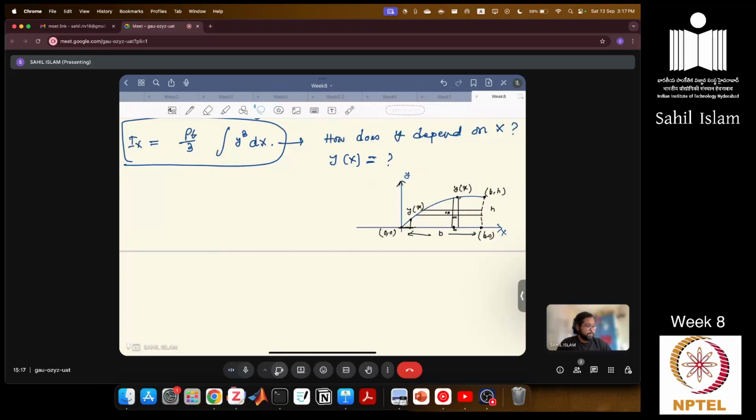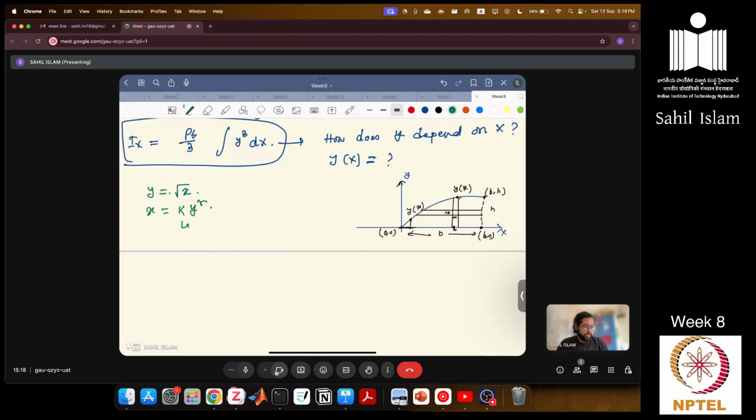What kind of parabola? You can write y equals root x, right? So for every x, this y goes as root x, or we can write x equals y square with some constant. You can take a constant here and convert it to another constant, giving k y square.